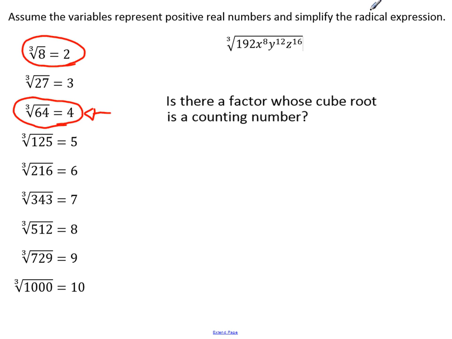And that means that we can write 192 as 64 times some other number, that other number being 3. So I can rewrite this. I'm taking the cube root, and instead of writing 192, I'm going to write 64 times 3, because the product gives you 192.